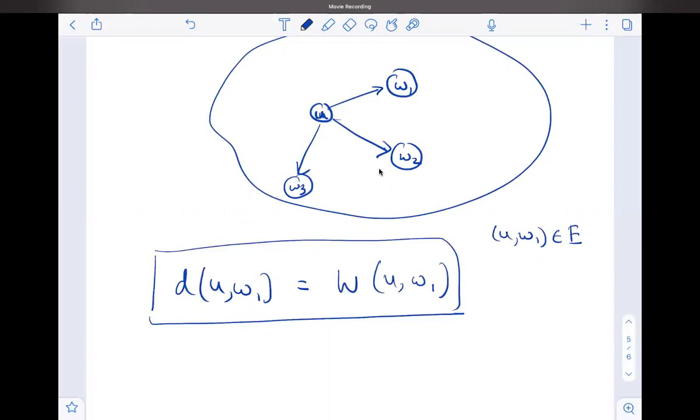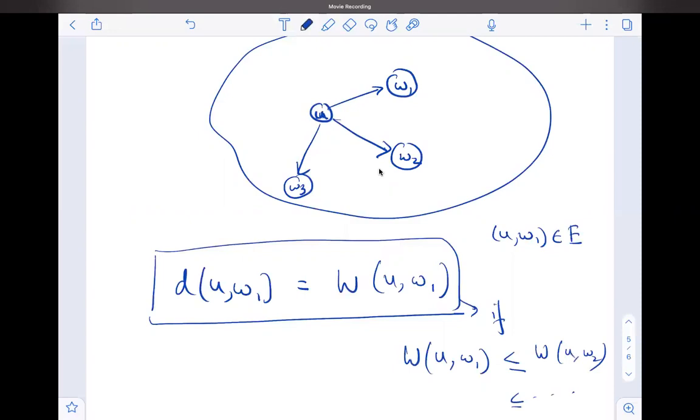If the weight of u comma w1 is less than the weight of u comma w2 and so on, it is the smallest one, you can say that, right? Is this also correct?